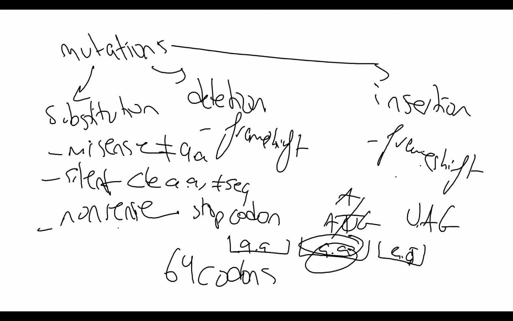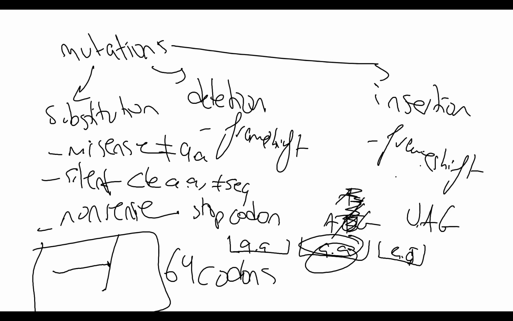When we are drawing any sequence of amino acids and we reach the stop codon, we stop. We don't continue because we don't care about the rest. The deletion is when we delete one nitrogenous base, and let's say we deleted it here, we didn't substitute it.